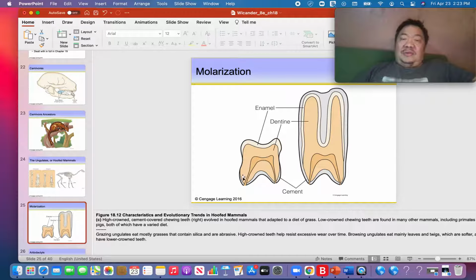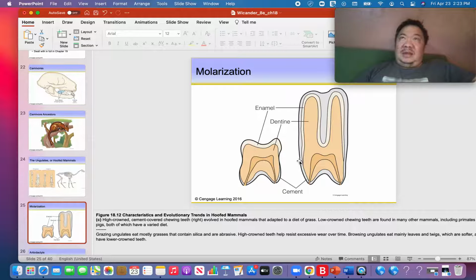Low because the crown of the tooth is very short. It's a very small, delicate tooth, perfect for chewing up tender leaves. And we find these in ungulates which we call browsers.